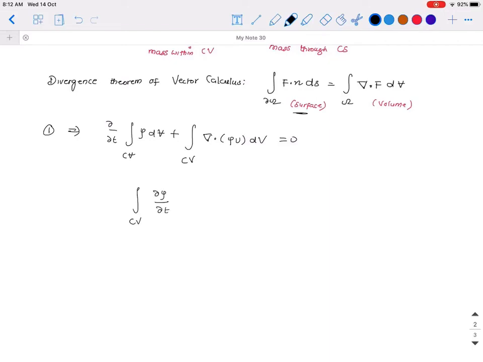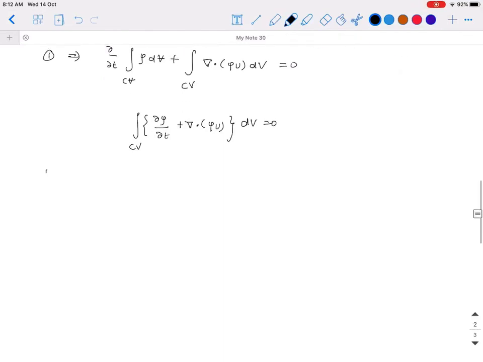So we write the integral of dou rho by dou t plus del dot rho u dV is 0. This equation must hold for any arbitrary control volume. The above equation is not applicable only to a specific control volume chosen in a specific shape or at a particular location. This is valid for any control volume that we consider in the fluid flow.